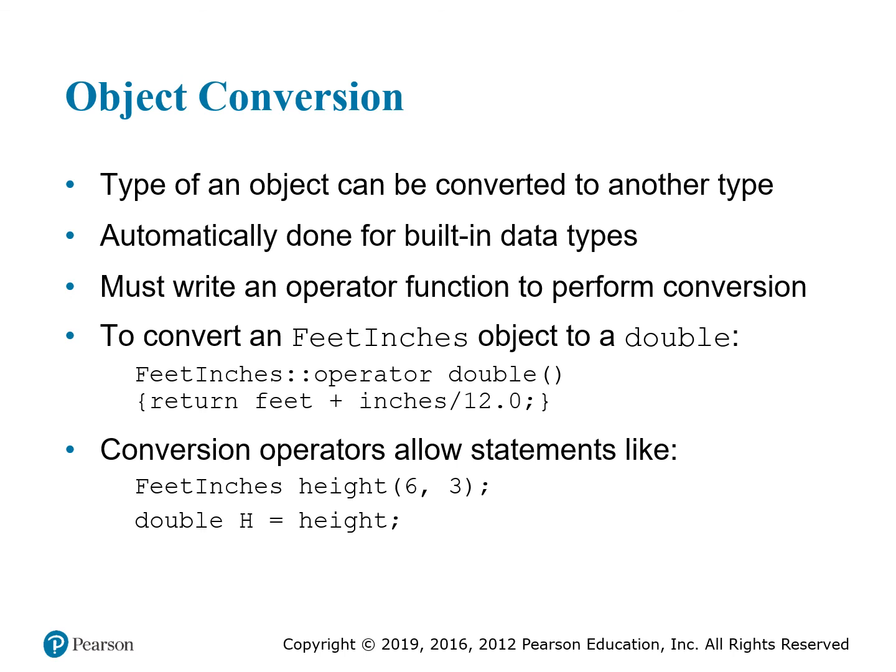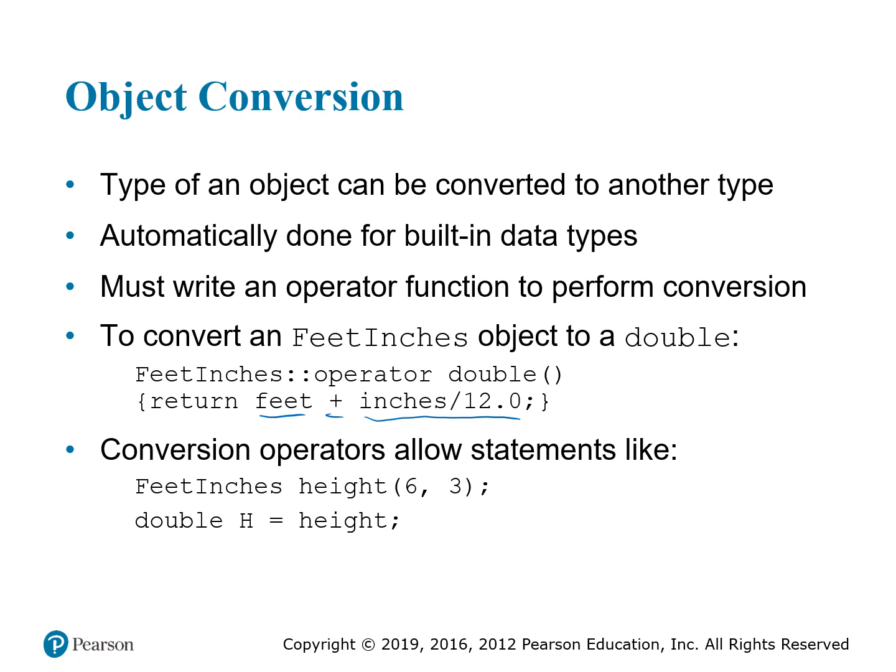Oh, I'm 6'3", or I'm 5'2", or 5'9", or whatever. But you want to be able to set a double equal to the number of feet with a decimal point for the inches instead of just inches. So you would calculate feet plus inches divided by 12 and return that whenever you're trying to set a double.